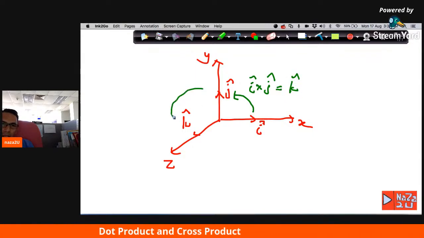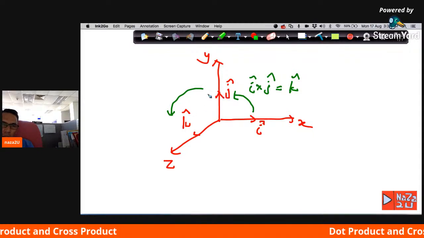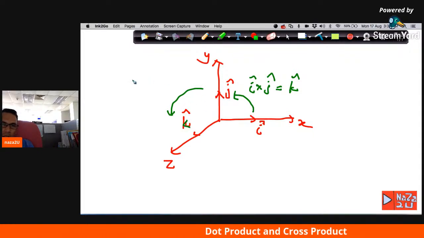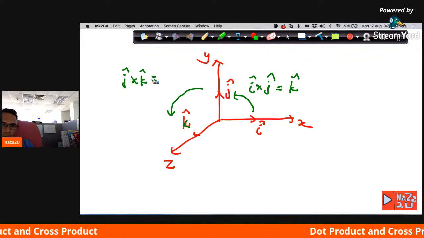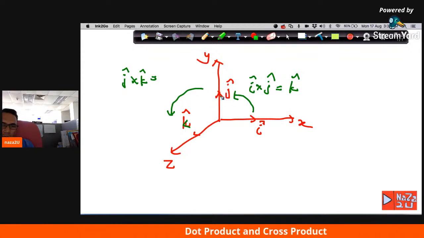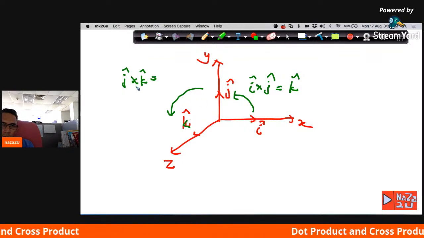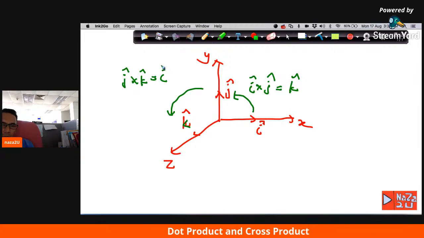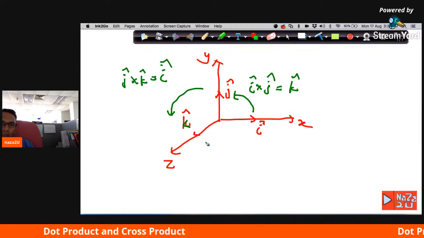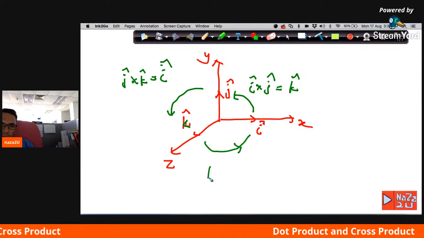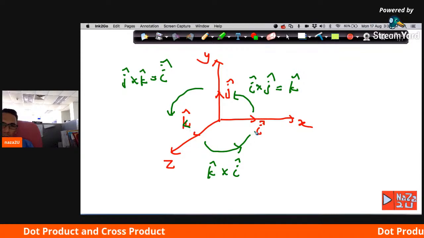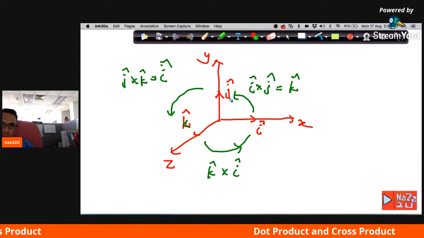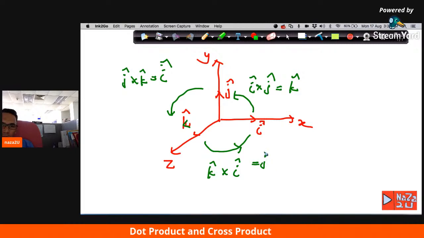Next is vector J cross vector K. So this is K, right? Vector J cross vector K is equal to I. This is counterclockwise. So J cross K is equal to vector I. Next, vector K cross vector I. K cross I is equal to J, right?